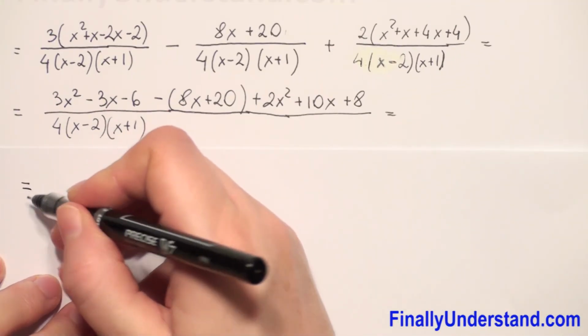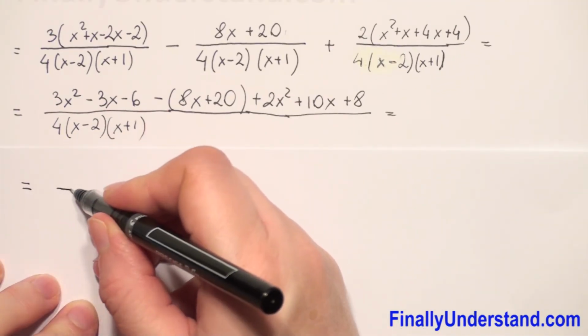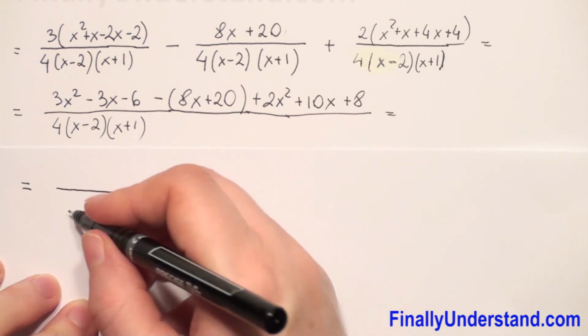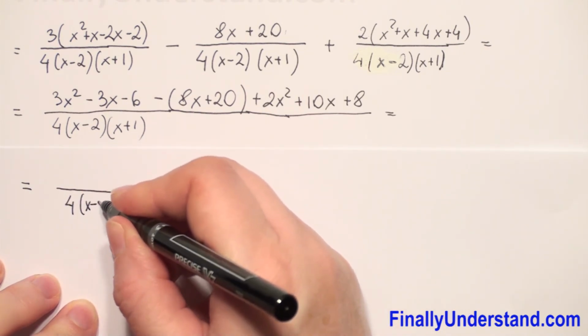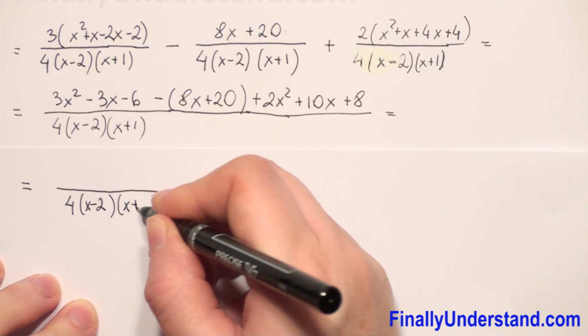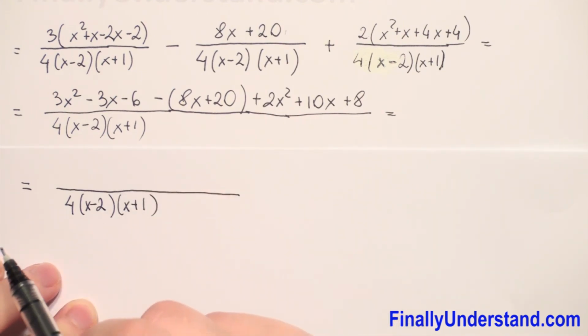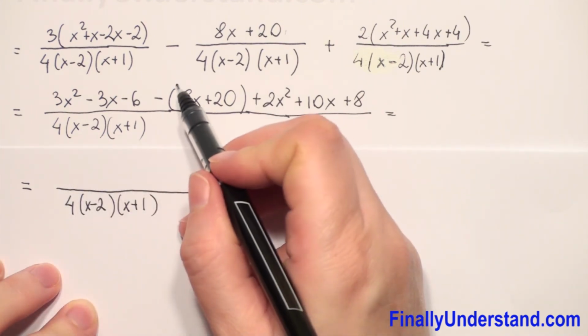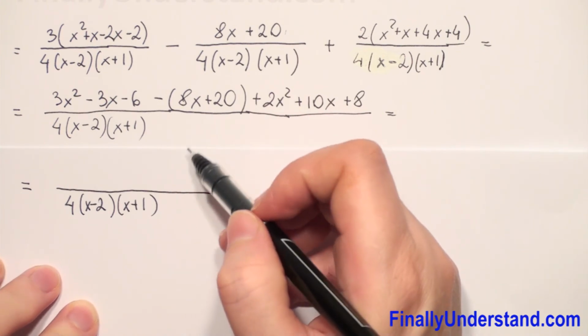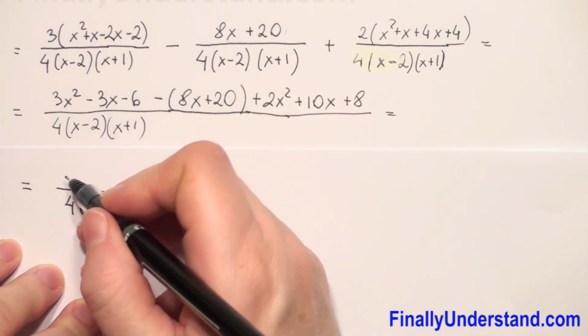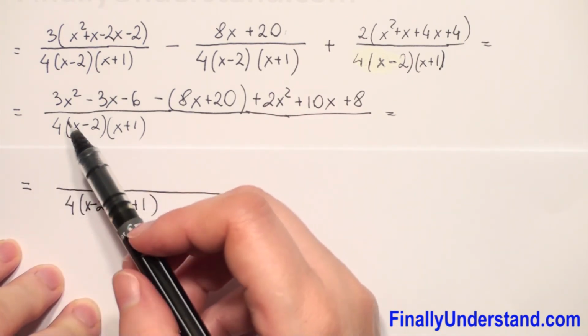So this is equal. The denominator we have to rewrite. And in the numerator, first we have to take down this parentheses. So what else can we do?